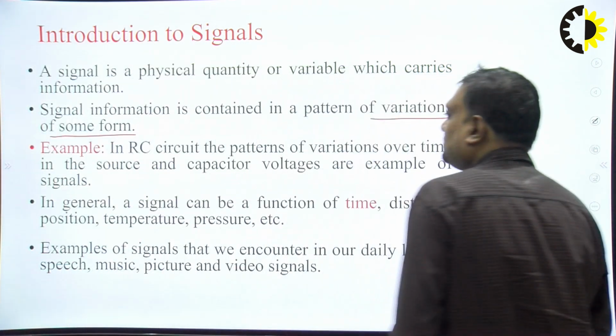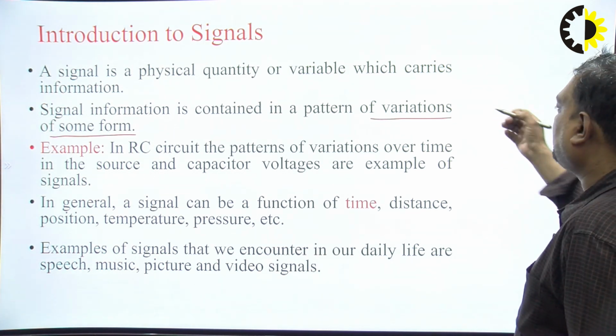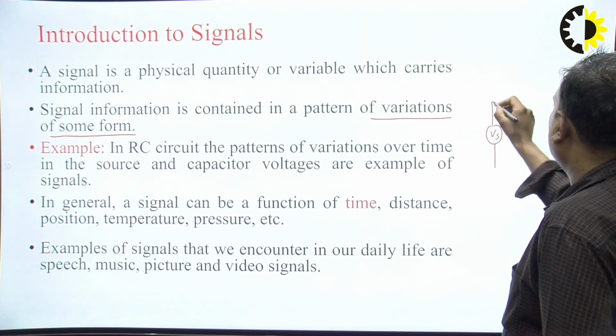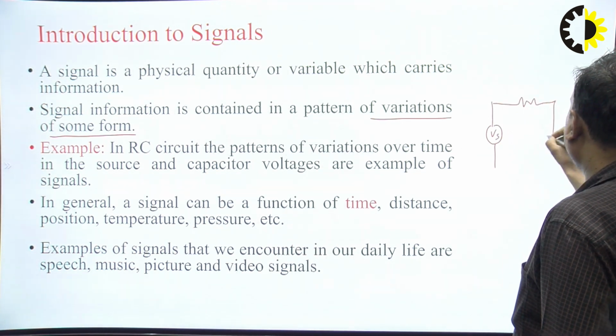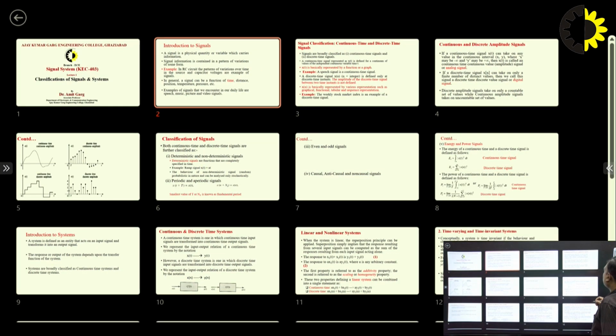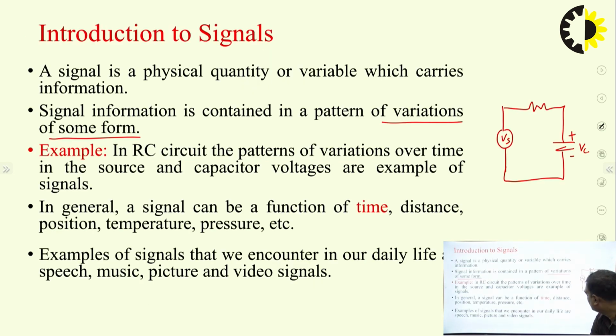If you want to see this, take an RC circuit. Let us suppose this is our circuit. Here a resistor is there, and here one capacitor is there, and here we are calculating the voltage across the capacitor. As time goes on, the voltage source changes with respect to time, and so does the voltage across the capacitor.